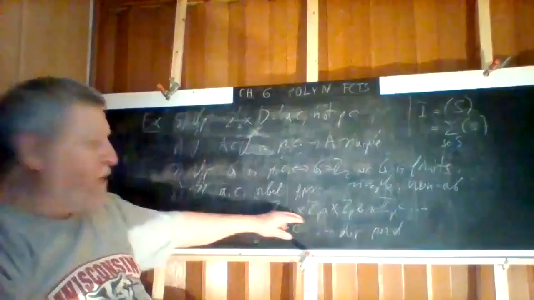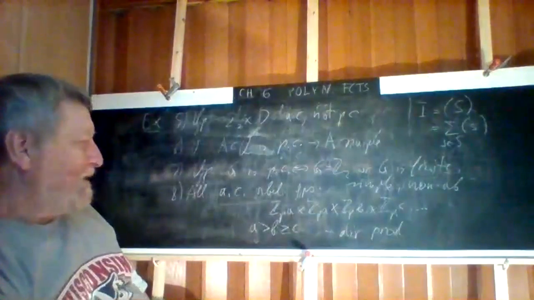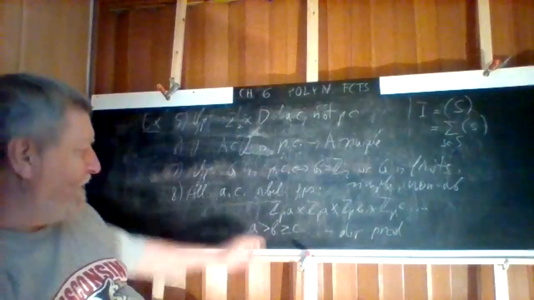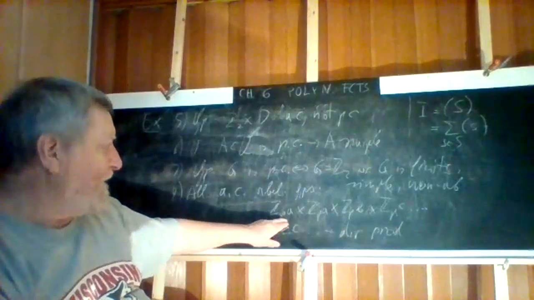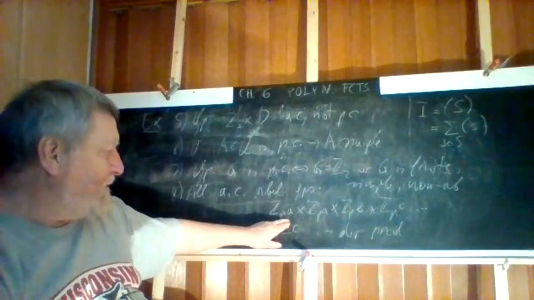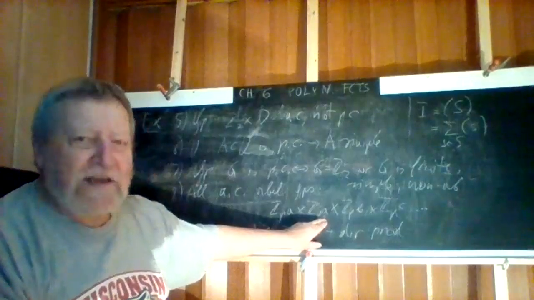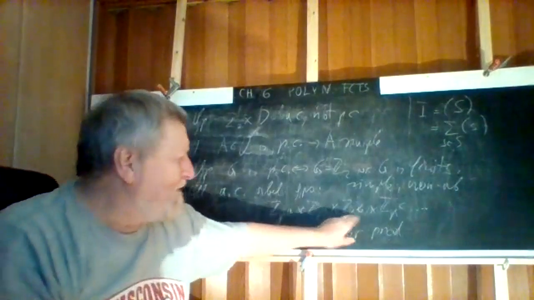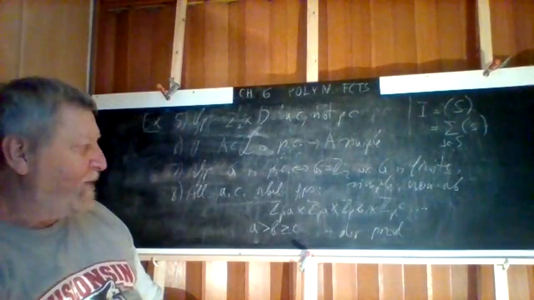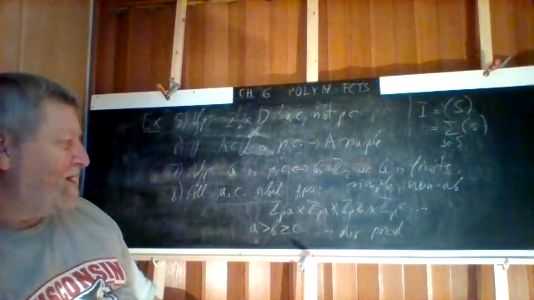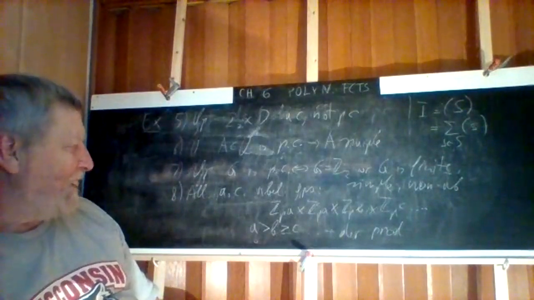For different primes p. So you see that what you need here for affine completeness is that you have p to the a twice here and exactly twice. And then the p-powers of smaller exponents, which can come later on.